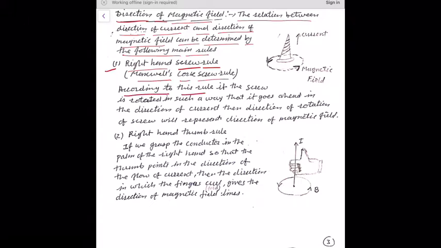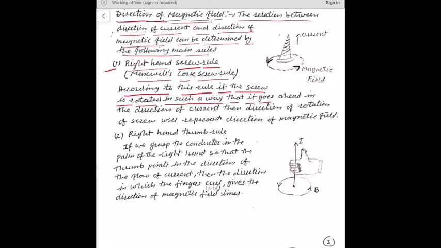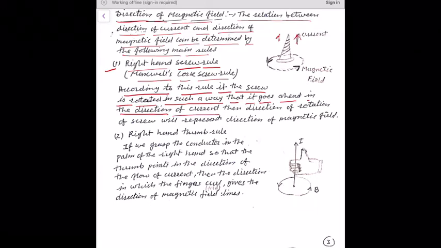According to this rule, if the screw is rotated in such a way that it goes ahead in the direction of current, here the direction of current is upward, then the direction of rotation of the screw will represent the direction of magnetic field.